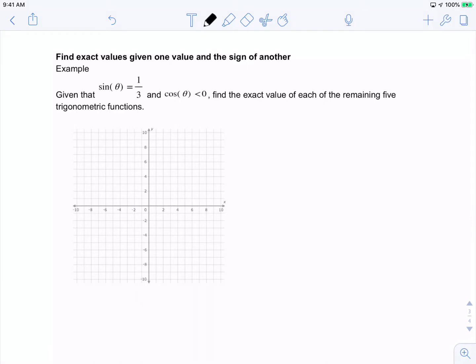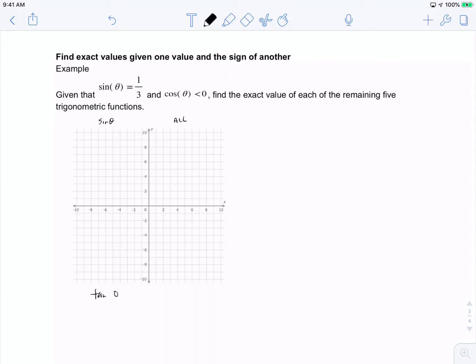So in this problem here, we're given two things. We're given that sine is 1/3, so sine's positive, and cosine's negative. So remember, it was all sines, right? Sine, cosine, and its reciprocal. Oh, I did it wrong.